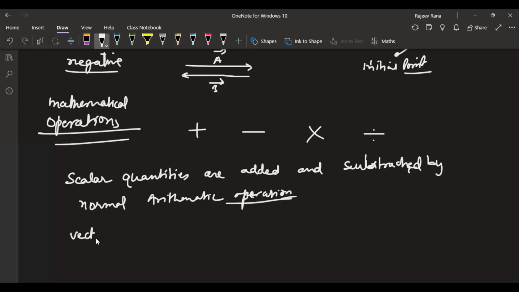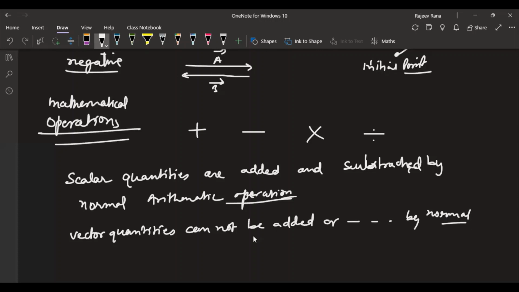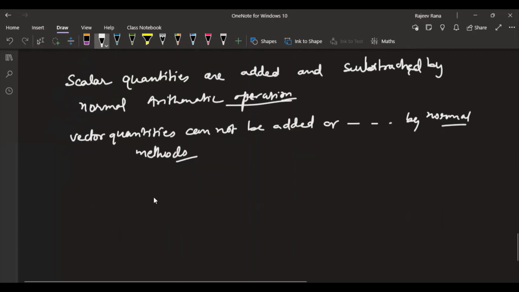But vector quantities cannot be added, subtracted, multiplied or divided by normal methods, because vector quantities have magnitude as well as direction.